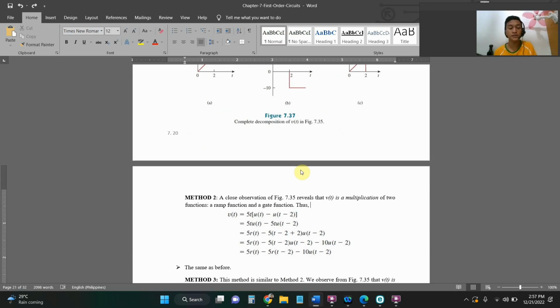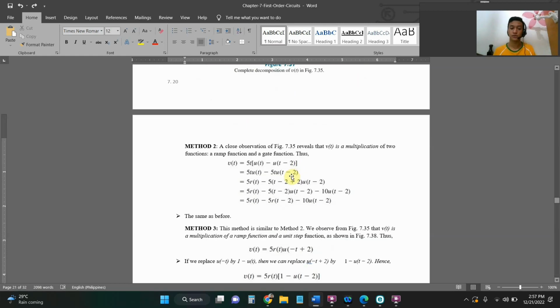So that gives us v(t) equal to 5r(t) multiplied by [u(t) - u(t-2)]. After that we can get the final answer of 5r(t) - 5r(t-2) - 10u(t-2), the same as before in method 1.